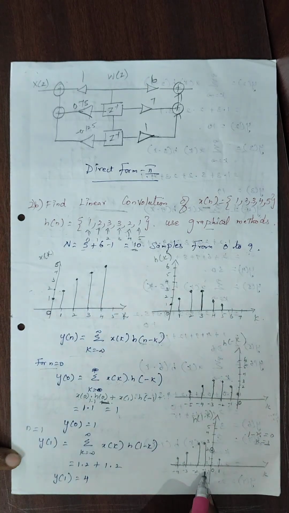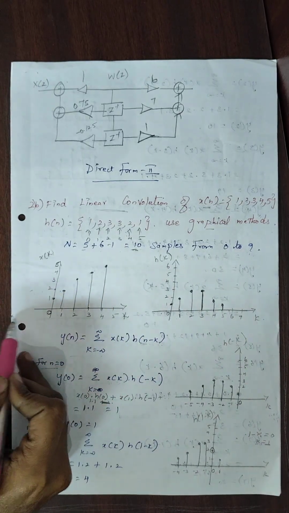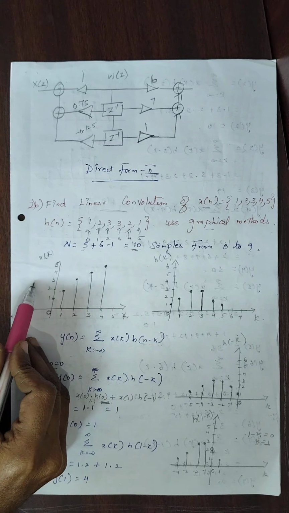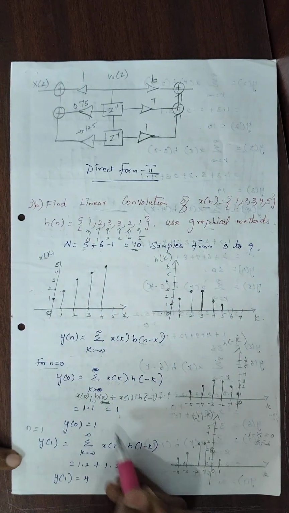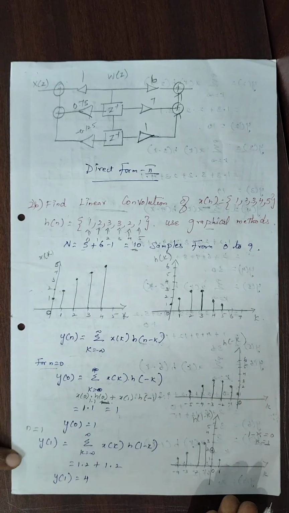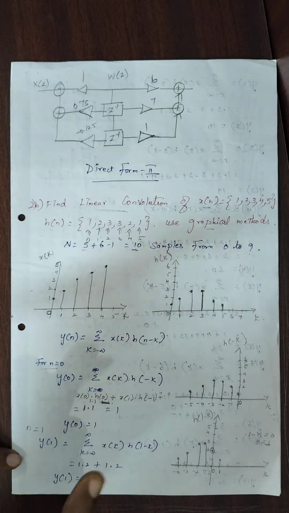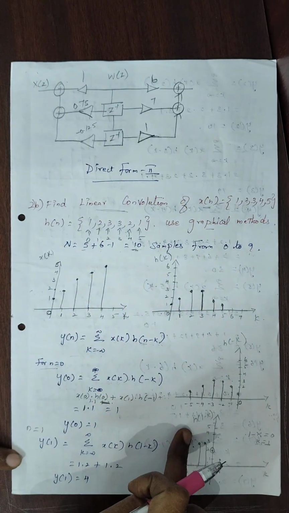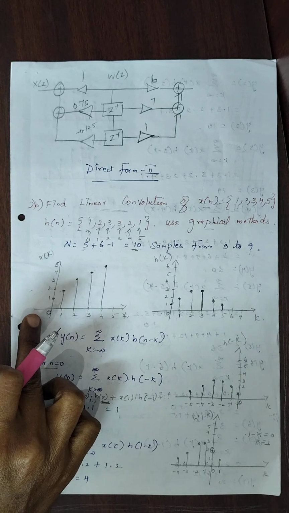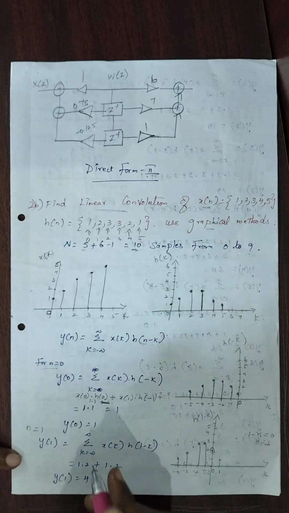But for minus 1, minus 2, there is no value, that is, the amplitude is 0. So whatever value in multiplication we have, 1 dot 0, 2 dot 0, means the answer is 0. So compare both and see only the common values.